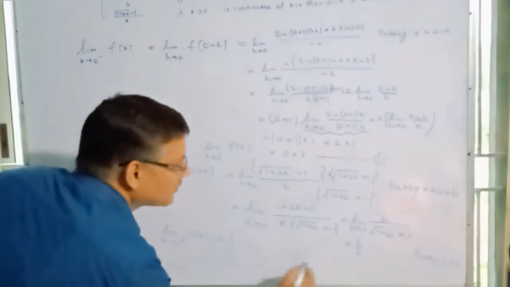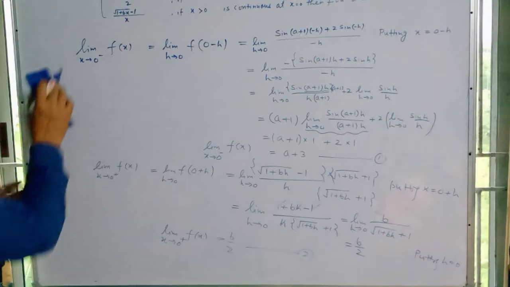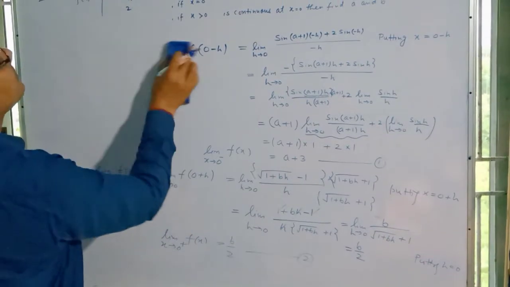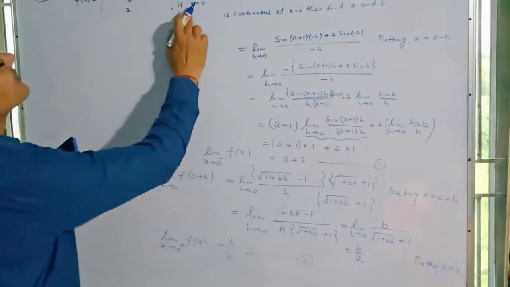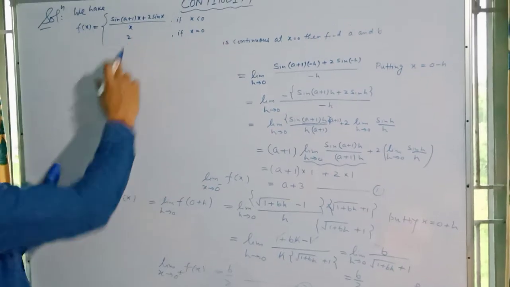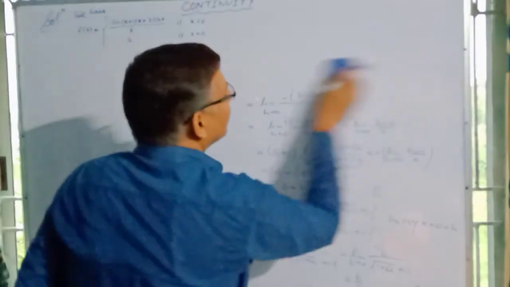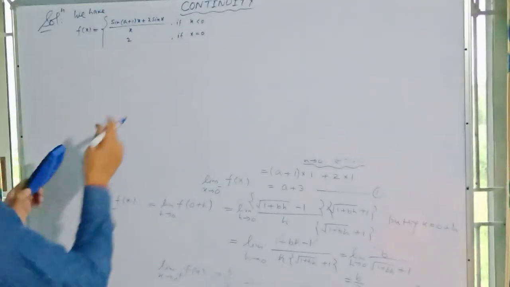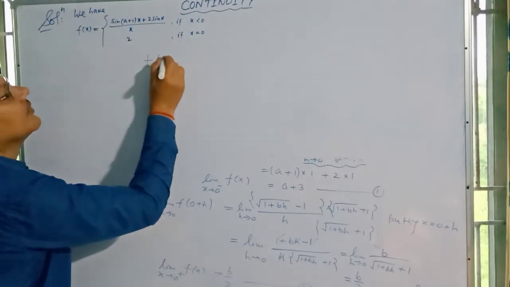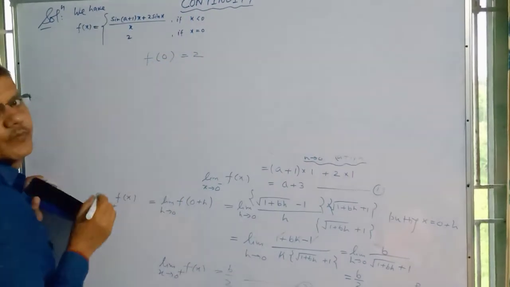Make it equation number 2. Next one is, what is the value of the function at x equal to 0? It is actually 2. So we write f(0) equal to 2.